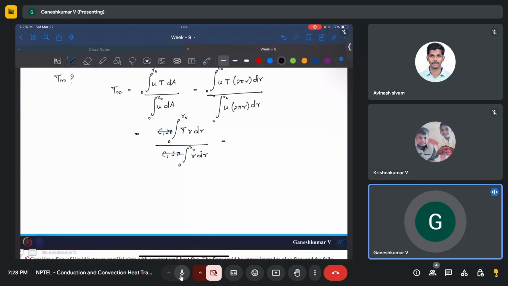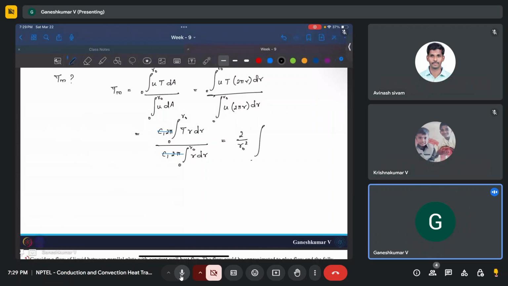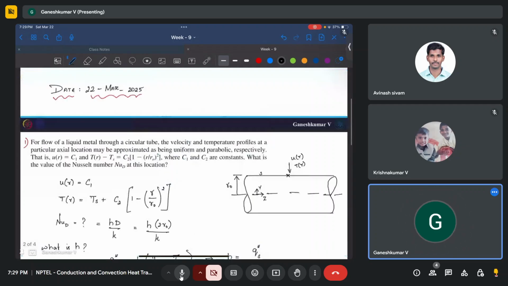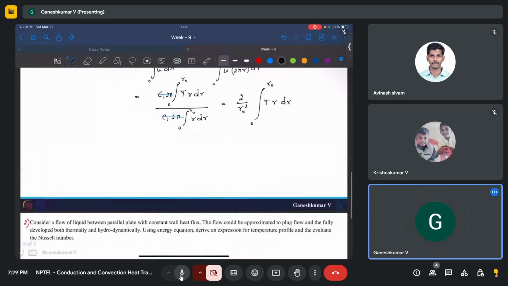The denominator, the integral of r dr from 0 to R naught, is R naught square by 2, so we can write this as 2 by R naught square times the integral from 0 to R naught of T r dr. Now we know the temperature profile too, so let's substitute that. T is Ts plus C2 times 1 minus R by R naught square. So let's substitute that.